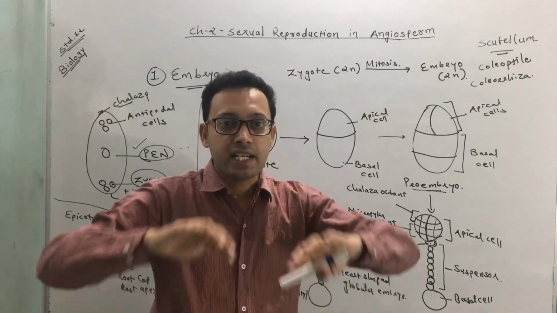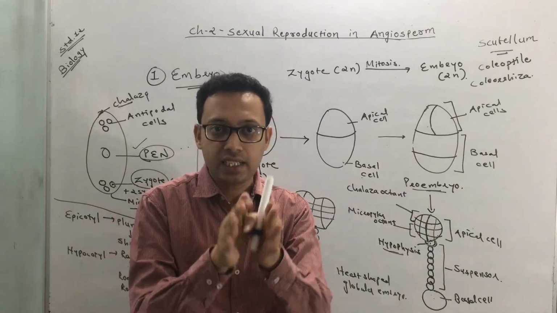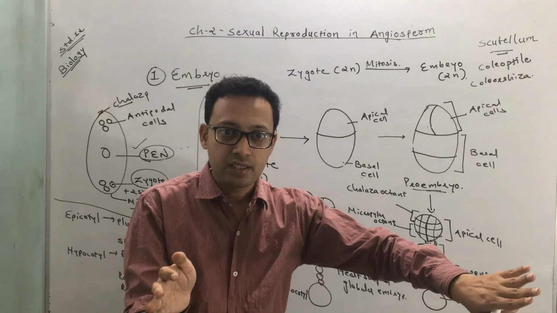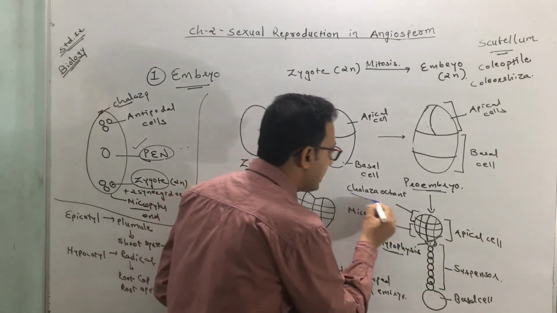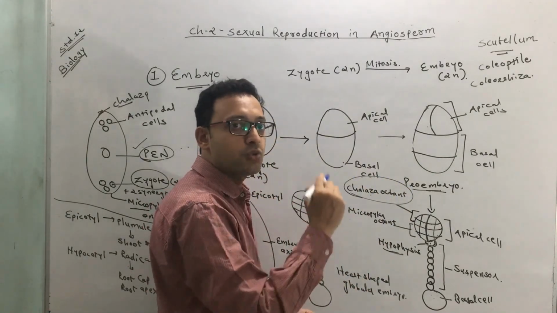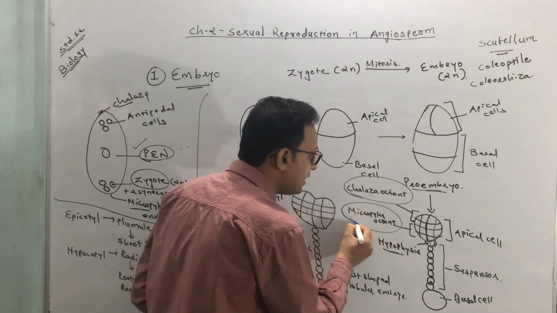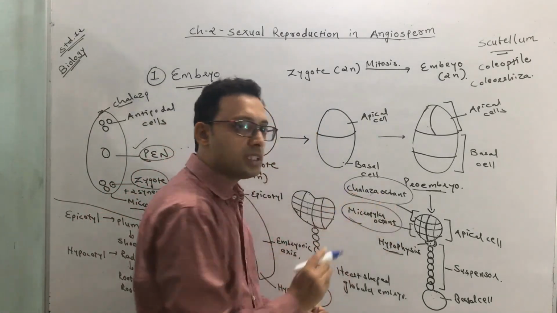These 16 cells are divided into 2 groups containing 8 cells each. The group towards the chalaza is called the chalazal octet. The other group of 8 cells, towards the micropyle, is called the micropylar octet. 8 and 8, total 16 cells.